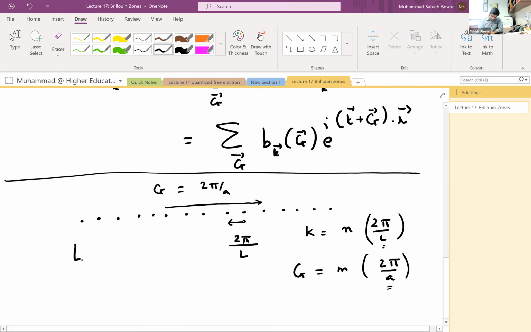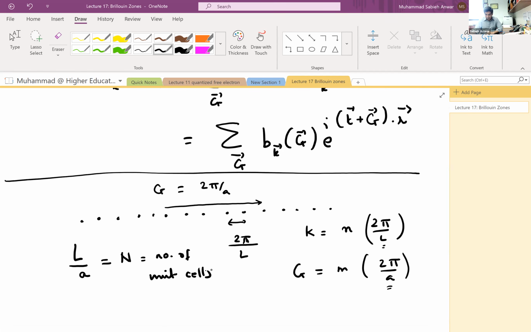It's simply going to be equal to L over A, which is the number of unit cells inside the finite microscopic volume, and this can be a really large number, as you know. So G points are points inside the K space, but they correspond to the reciprocal lattice vector, and K points are finely spaced points inside the K space. So I hope this is all really clear to you.